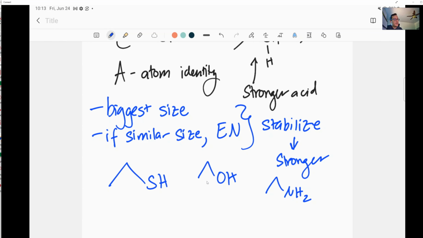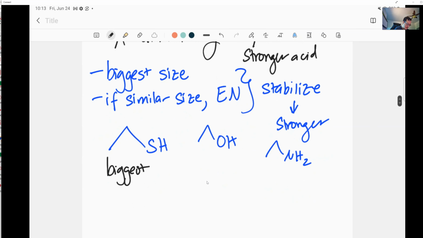It's below oxygen, and so it is the biggest size. That's our most important factor for the A portion of comparing acids. And so, as a result, we're going to say that sulfur is the biggest of our atoms to which the hydrogen is attached. And so it is going to make the most stable base, so therefore it is the strongest acid of these three.